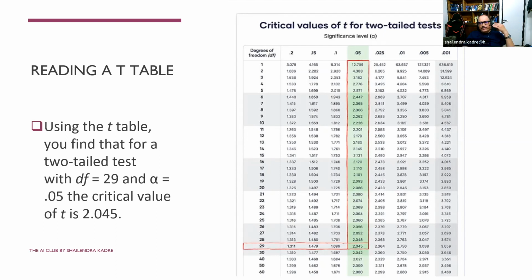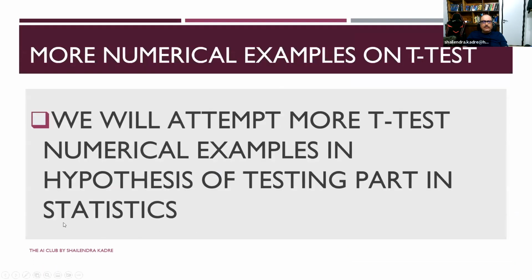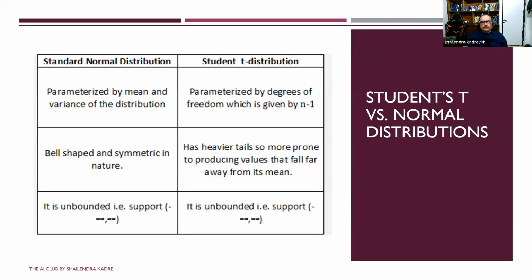Then what is the significance level? What to do with the T statistic? All these things will be made clear in the next lecture. We'll attempt more T-test numerical examples in the hypothesis testing part of statistics. So we'll leave it halfway and then proceed to the next distribution.